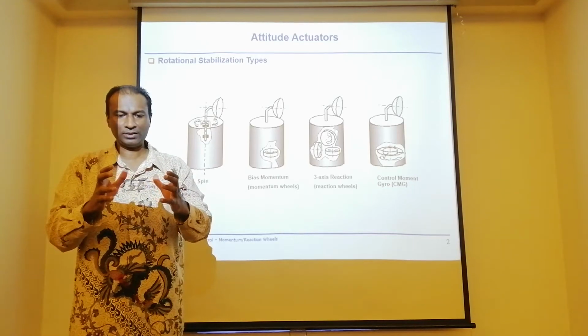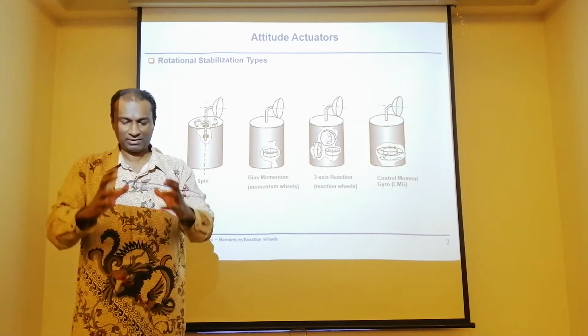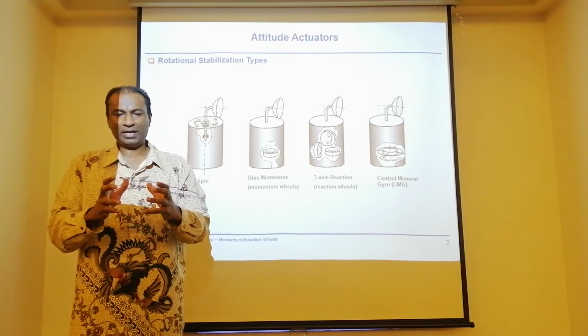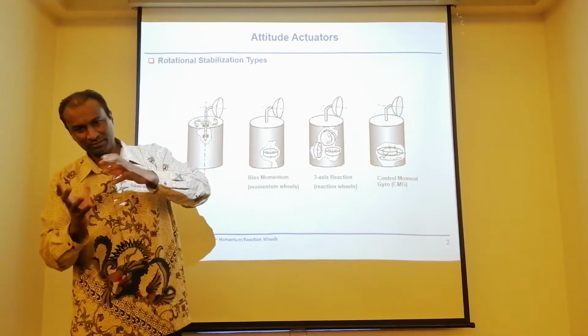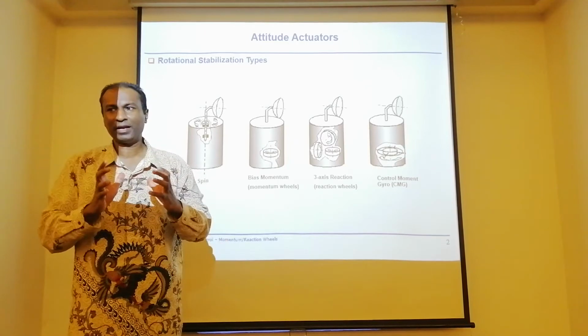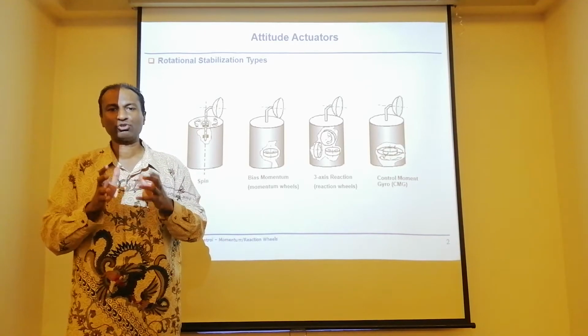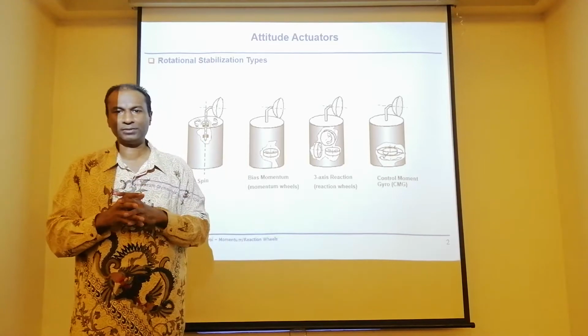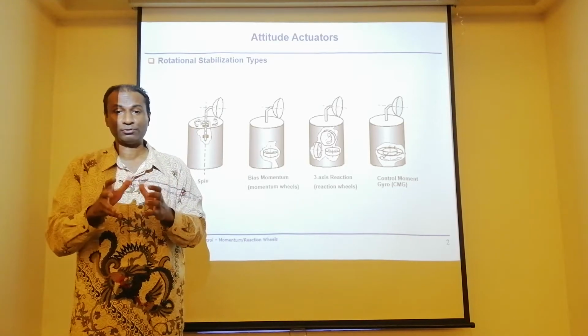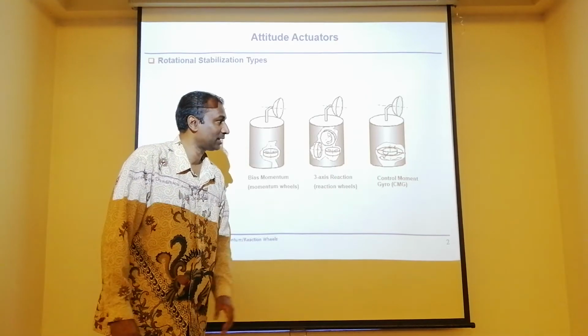Let's say I just install this wheel in pitch. But if I can tilt the axis of rotation, I should be able to induce torque in roll or yaw, depending on where I install it. So control moment gyro does that.